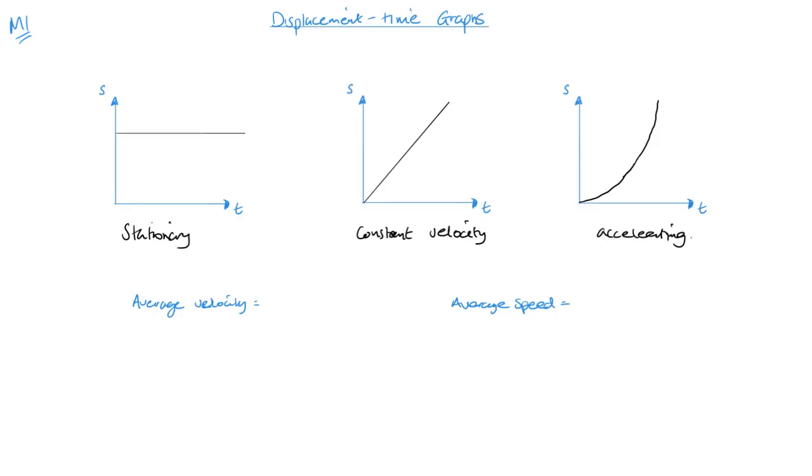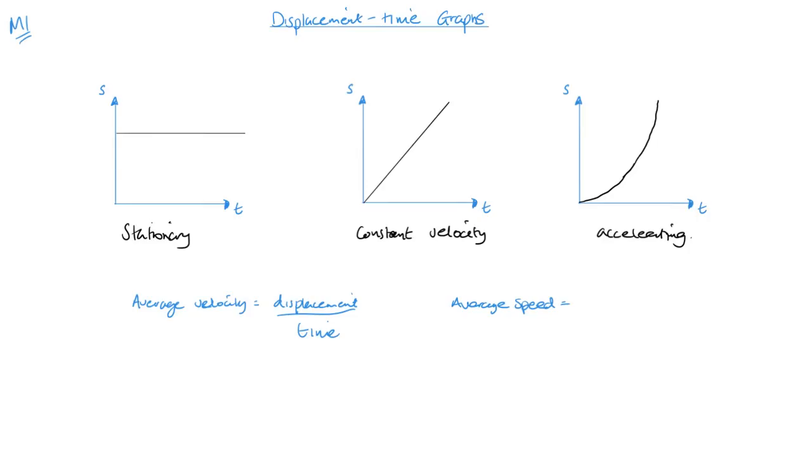Velocity also has direction, whereas speed doesn't. So that's one important thing to remember with velocity. Now, average velocity is the displacement over time. Now, displacement from your starting point.